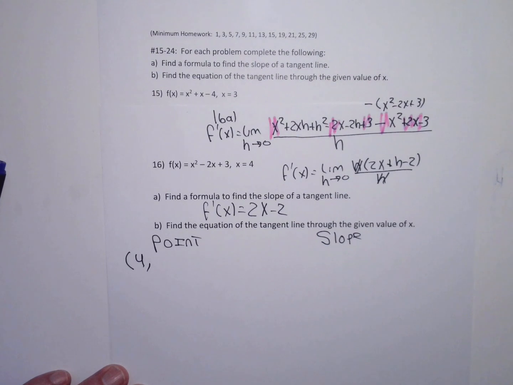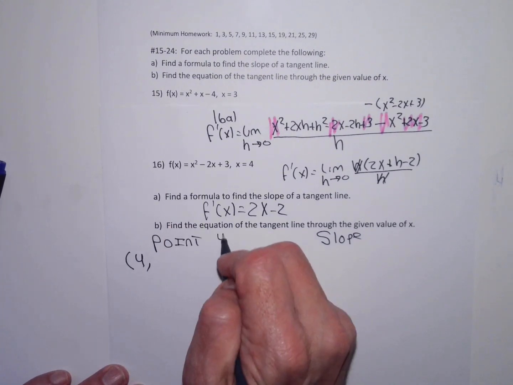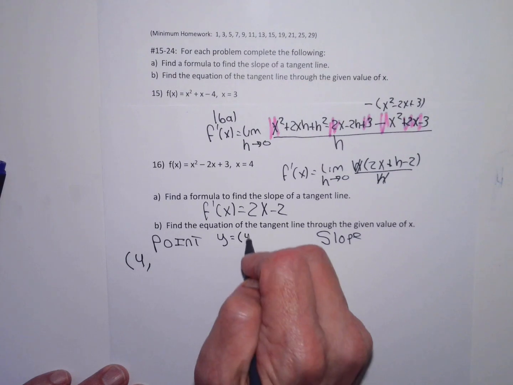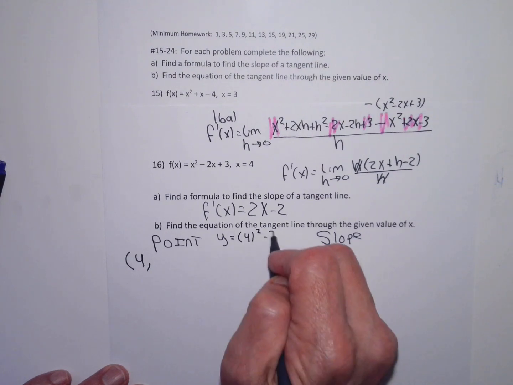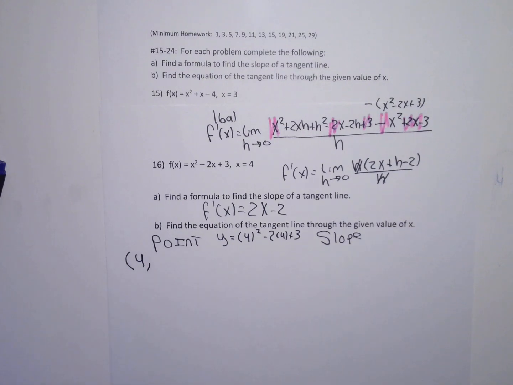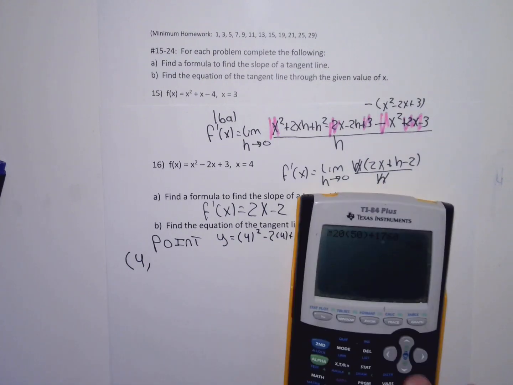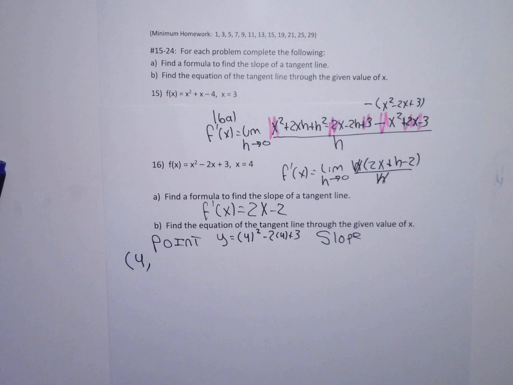To get the y-coordinate of the point, I use the original function. So my y is going to be 4 squared minus 2 times 4 plus 3. The y-coordinate of my point is going to be 11.